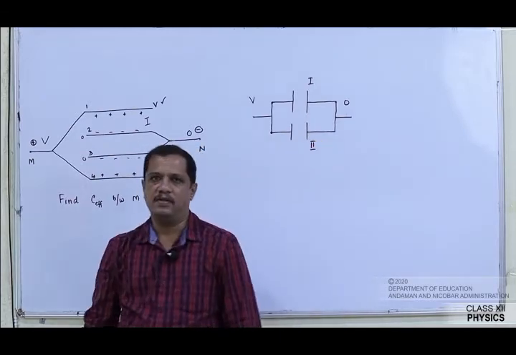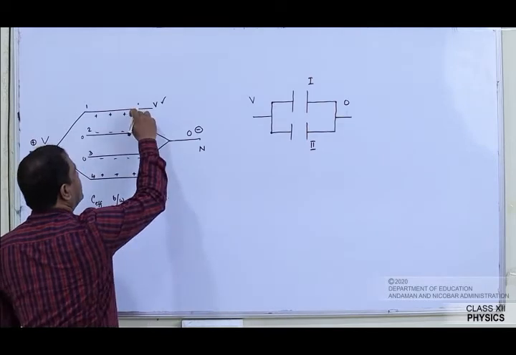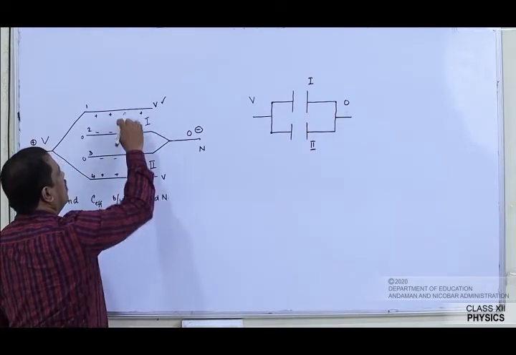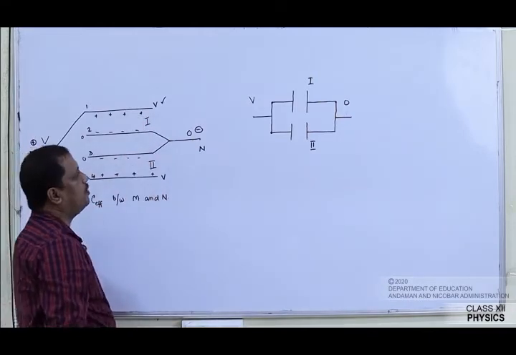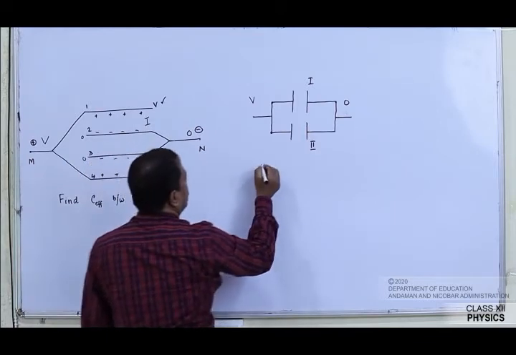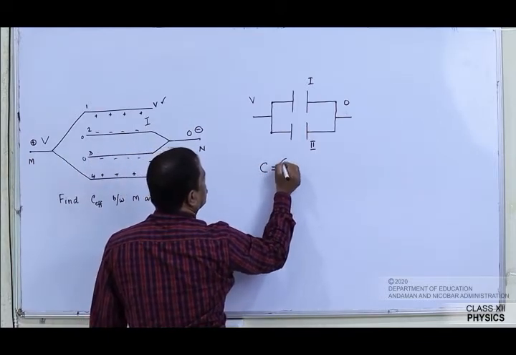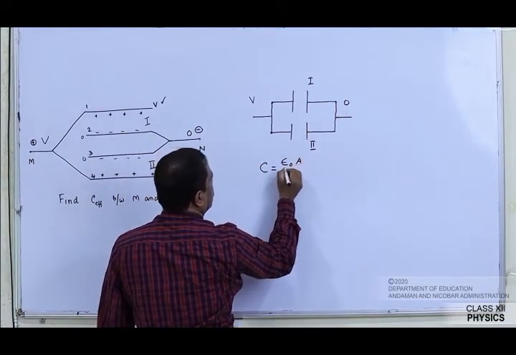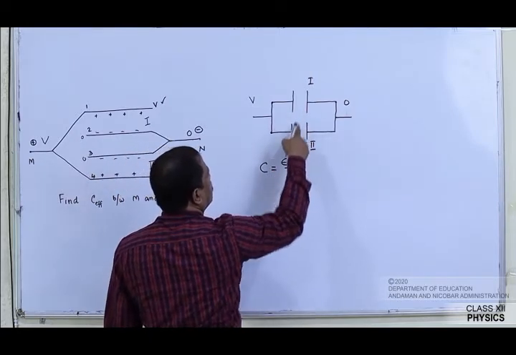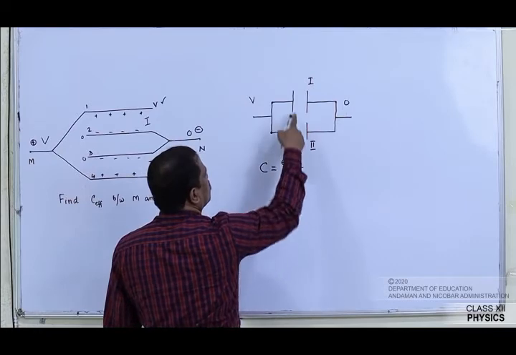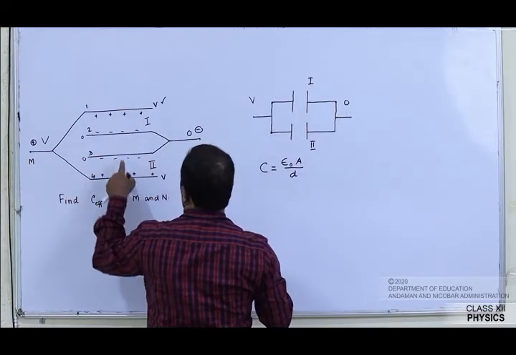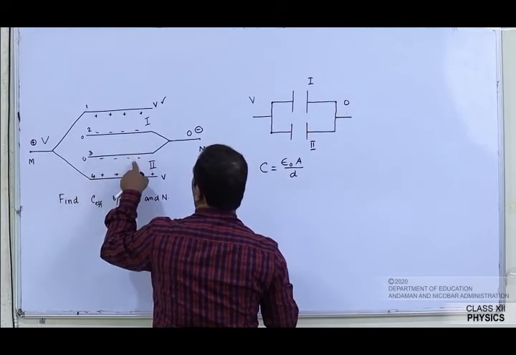To find the effective capacitance, I said the area is the same, and the separation between 2 consecutive plates is D. If it's free space between the 2 plates, then for one capacitor the expression is C equals epsilon 0 A divided by D. Now the 2 capacitors are connected in parallel, because the positive plate of the first is connected to the positive plate of the second, and the negative plate of the first is connected to the negative plate of the second.